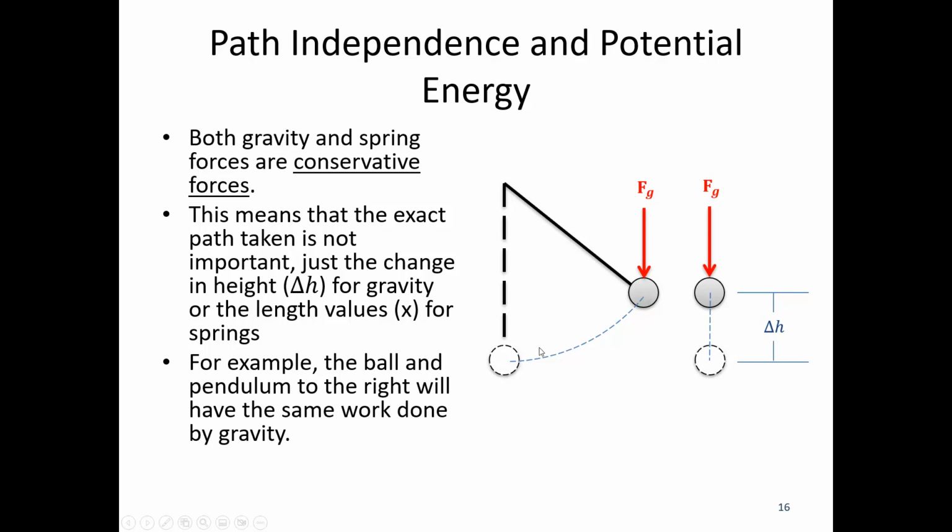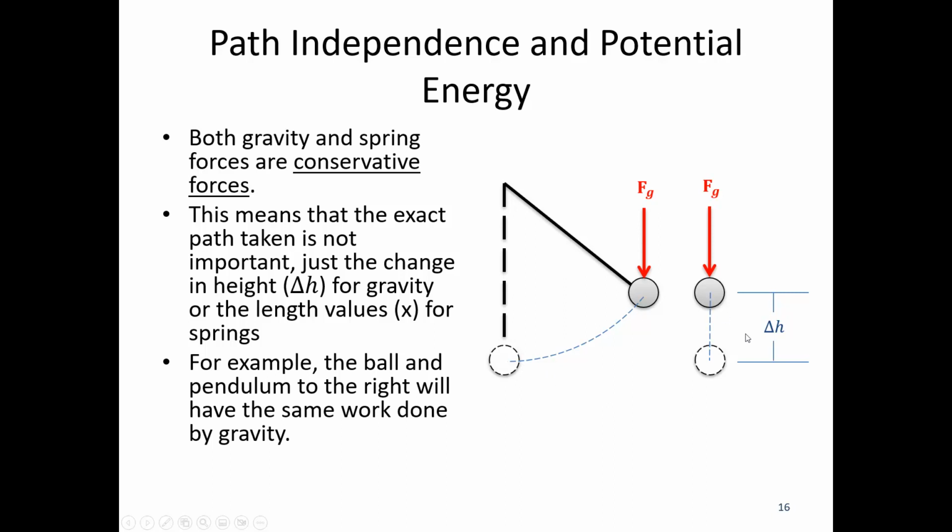So even if it swings down, if my delta h is the same, this is going to be the same amount of work. You say, well, the distance is longer in this case. Yes, but remember the gravity force is not entirely in the same direction as the displacement in this case. So the component that is in this direction is going to be smaller.